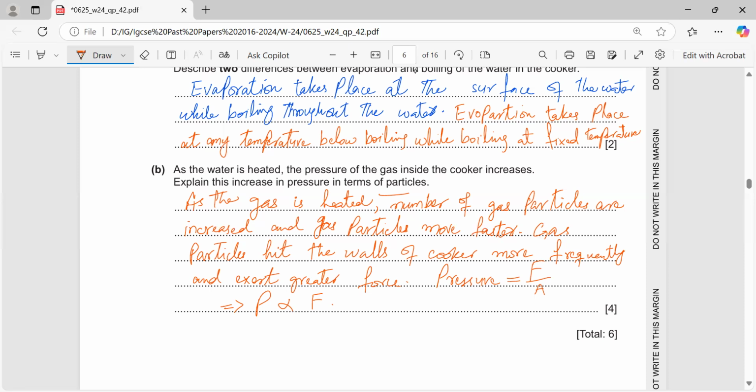But I wanted to write this point also: it is not the gas that is heated, it is the water that is heated. Thanks, I was repeating, so I found this mistake. As the water is heated, the number of gas particles increases because water is converted into steam, and gas particles move faster. Gas particles hit the walls of the cooker more frequently and exert greater force. So pressure is equal to force over area, and pressure is directly proportional to force.